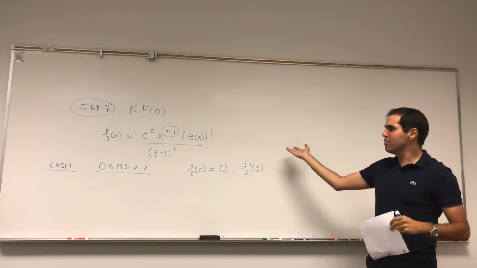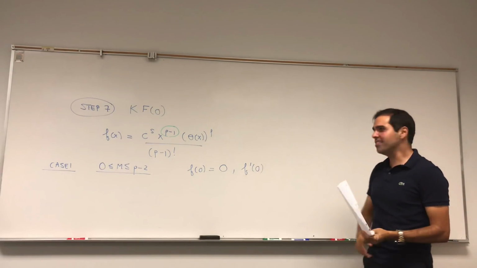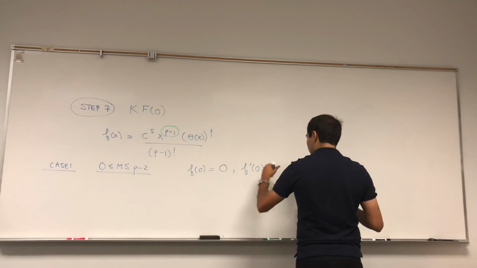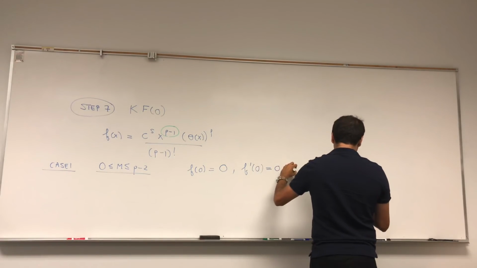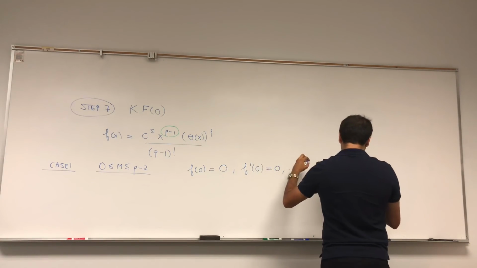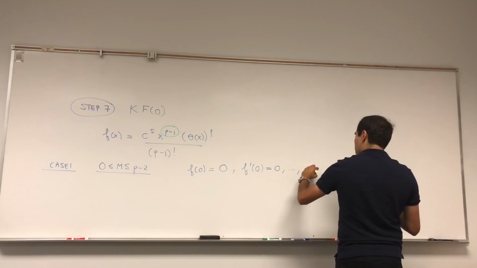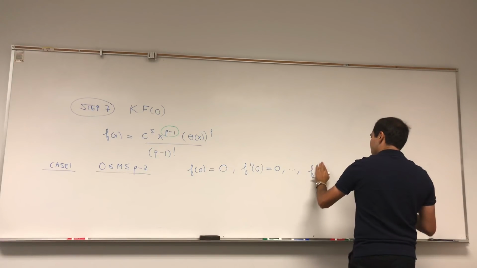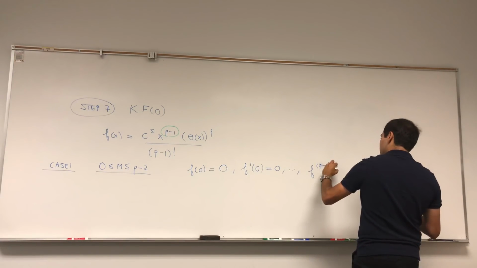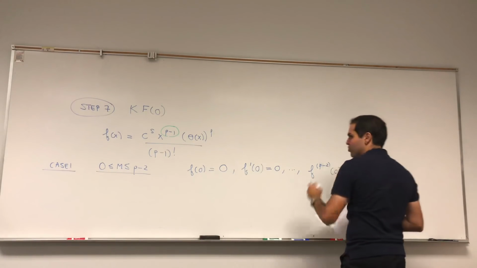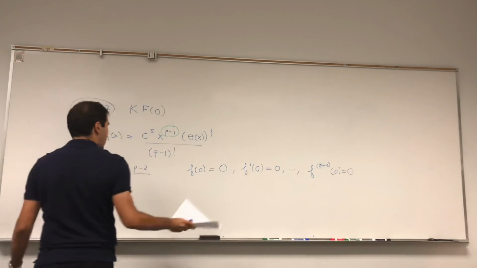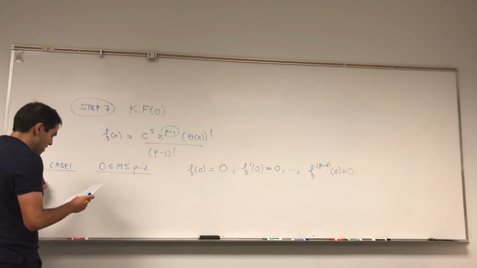And if p is large, that's still 0. And it turns out you can apply this whole argument up to the nth derivative being p minus 2 equals 0. So if m is small, the nth derivative is small.